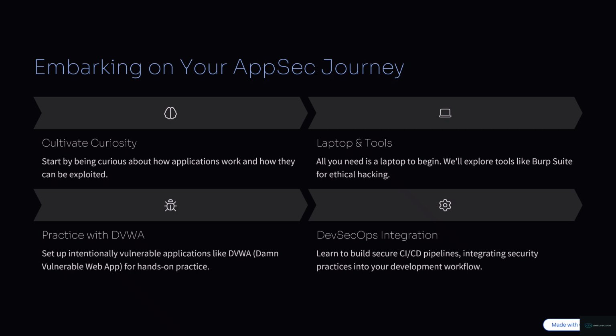The goal is for you to become someone who not only builds apps but builds secure apps. We will gain some knowledge from our episodes, and we will definitely go with practical sessions also.